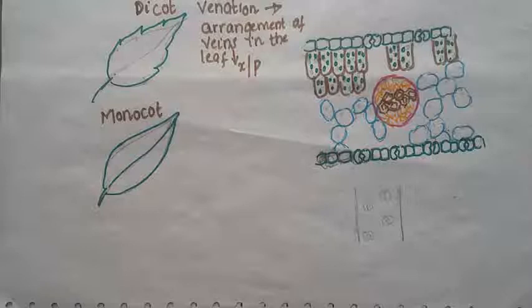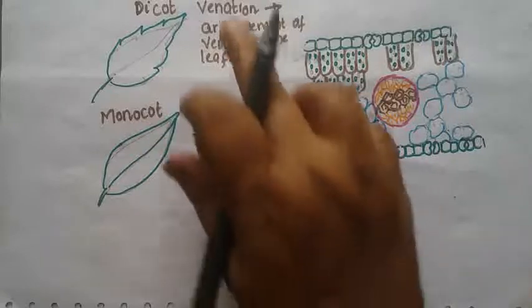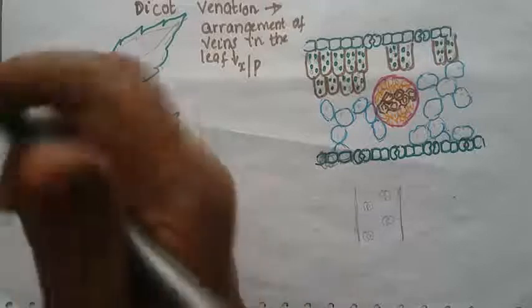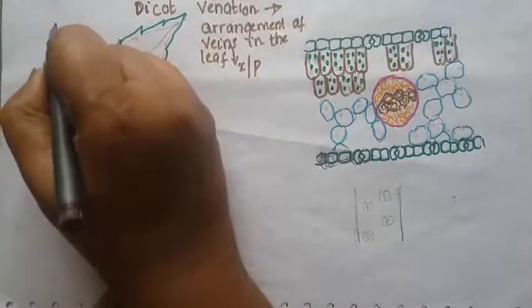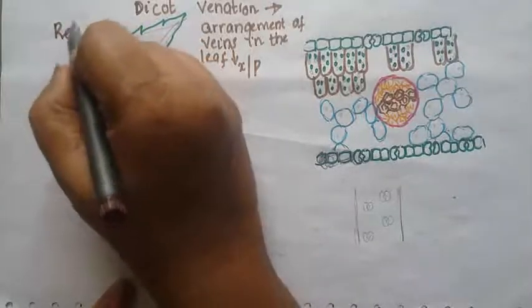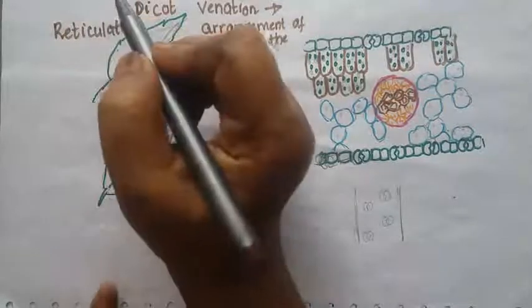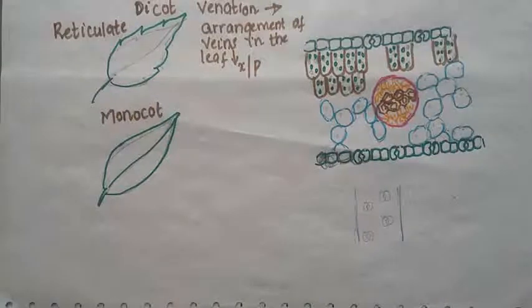So in case of dicot plants, or you can say in the dicot leaf, we have a venation. What do we call that venation? That particular venation is known as reticulate venation. What is the meaning of reticulate venation?